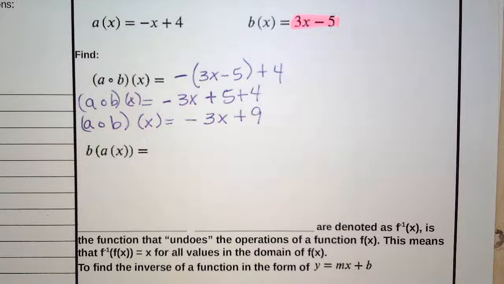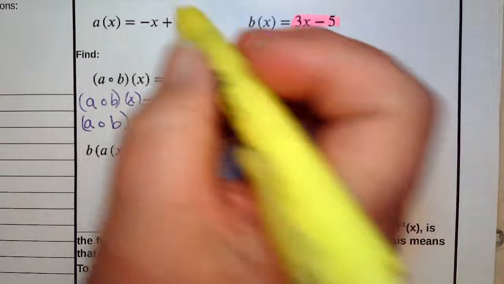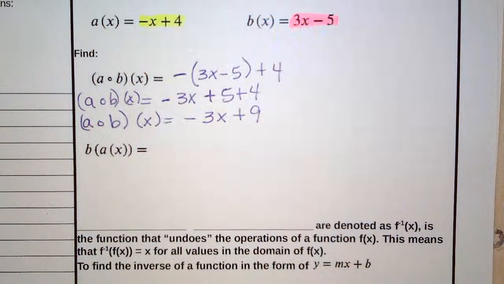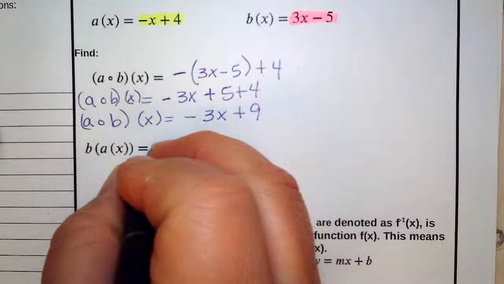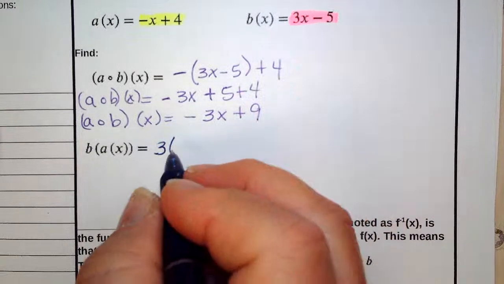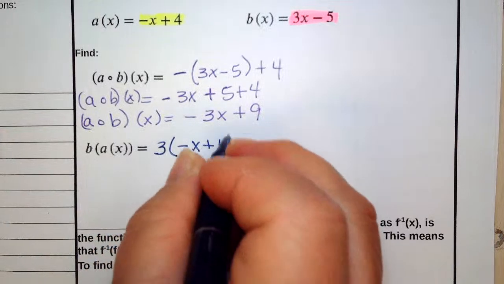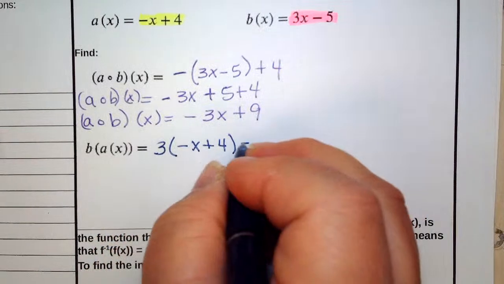But what if I go the other way? What if I decide to put A inside of B? Will it be the same? This time I'm going to put this inside of B. So 3 in parentheses in place of my x, -x plus 4, minus 5.